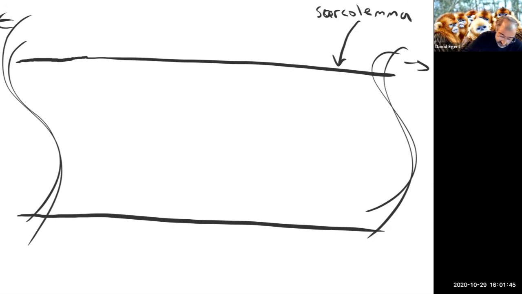And the thing to know about the sarcolemma is that it is full of the same voltage gated channels that we find in the axon.